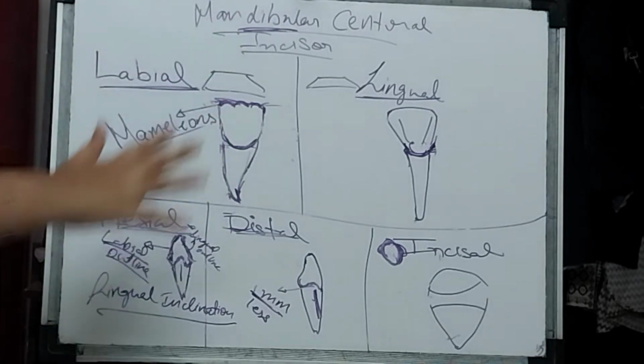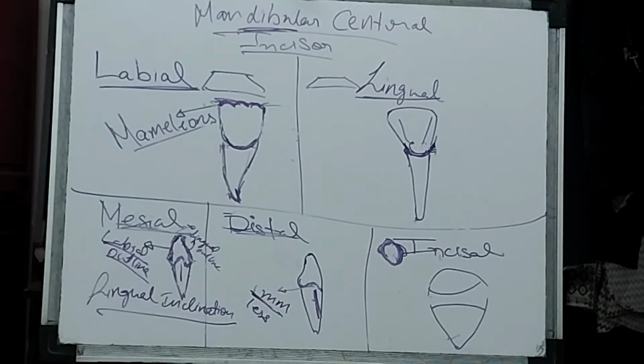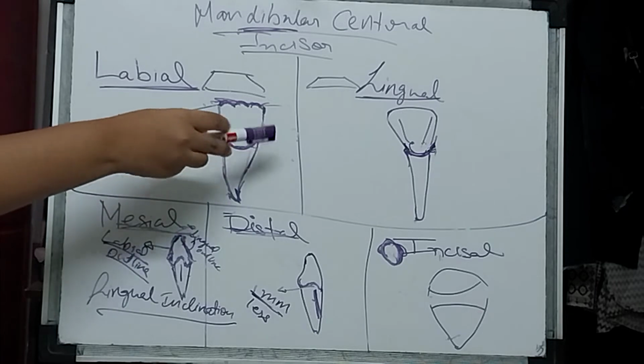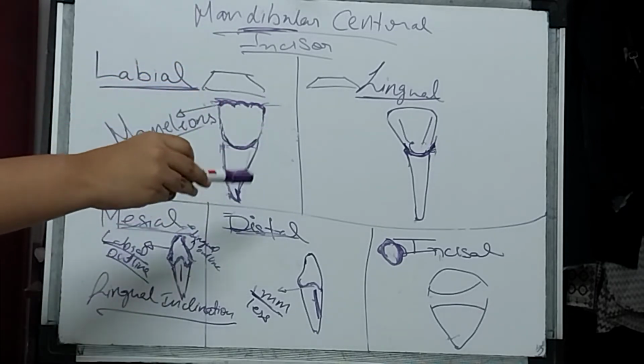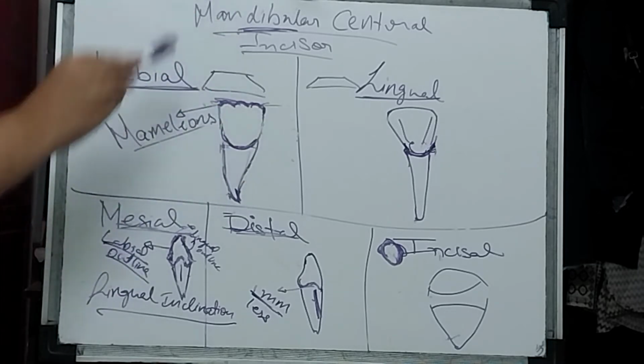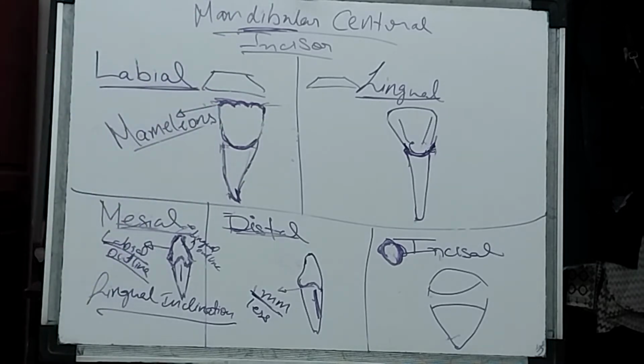Like if we see in the maxillary central incisor, we saw that the distal incisal angle was more rounded, but over here both the mesial and the distal outlines are equally tapered. They're sharp, and the mesial and distal incisal angles are at 90 degrees.